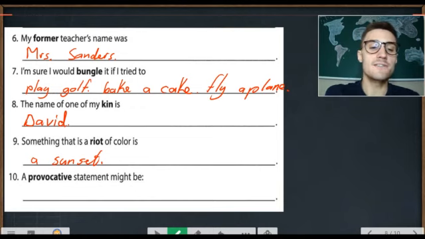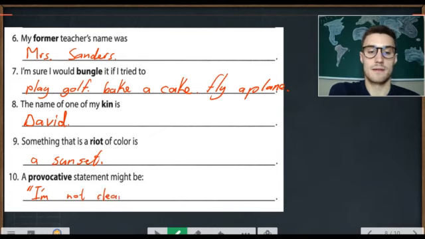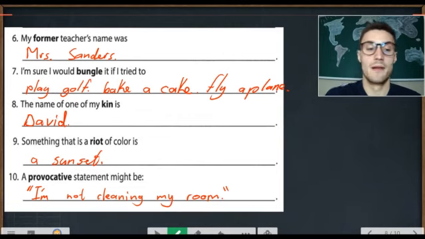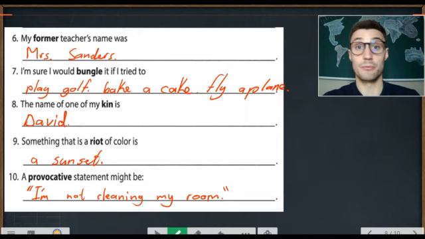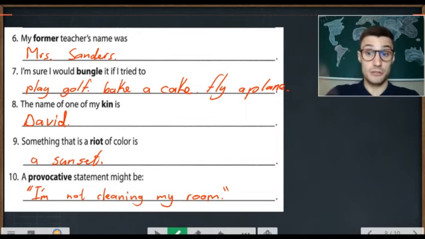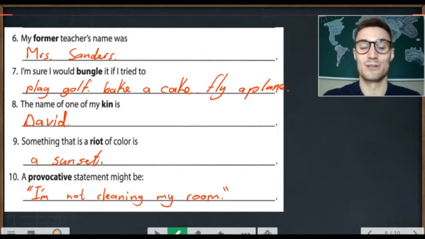A provocative statement might be, I'm not cleaning my room. That could cause your mom to smack you. Could cause her to act, right? A provocative statement.